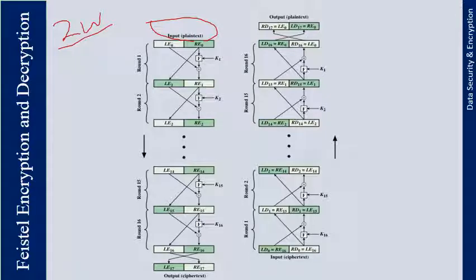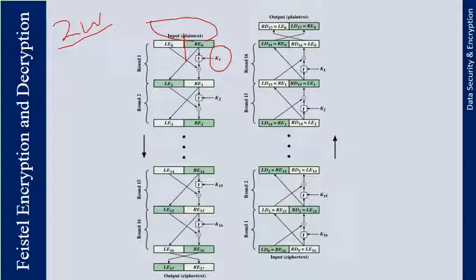The bits must be even so that they can be divided into 2 parts, and there must be a key that is added with one part of the input. The plain text must be divided into 2 halves, the left half and the right half, named LE0 and RE0. 0 stands for the index of the current round.